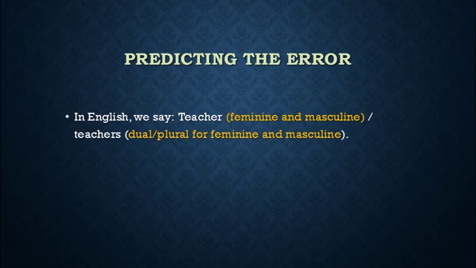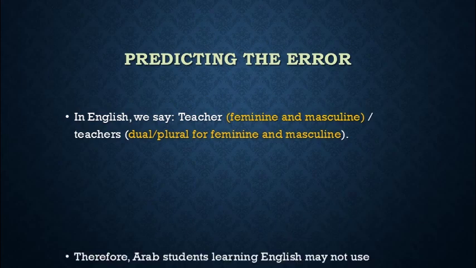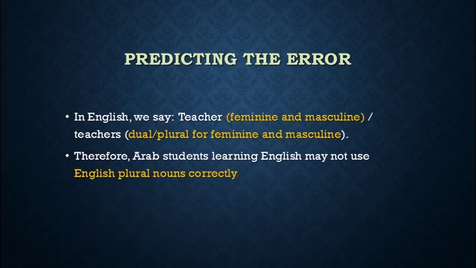If you want to specify duality, you have to add the number 2, so 2 teachers. This is in English. Therefore, Arab students learning English may not use English plural nouns correctly. They would have some problems related to English plural nouns, because the two systems are different.